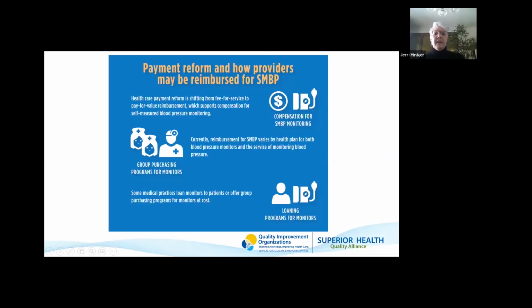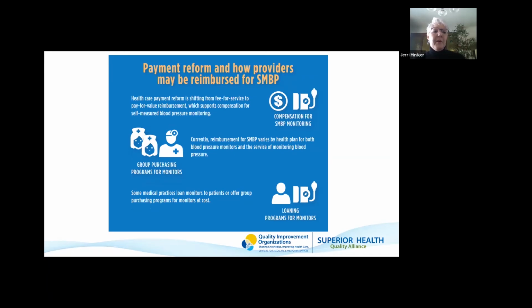So the next slide is an example of some of the different payment reform and how providers may be reimbursed for SMBPs. It's from that link from the slide on slide 13. That website actually has quite a bit of information on it.